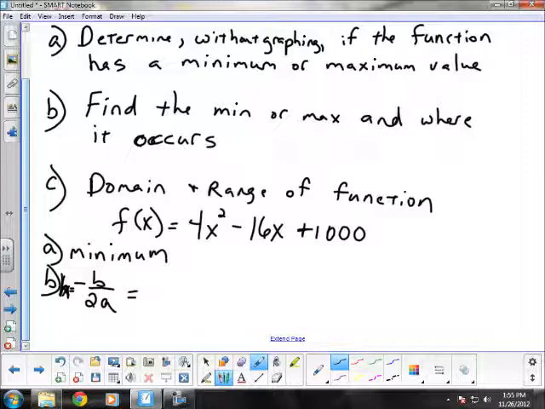So in this case, that would be the opposite of negative 16 over 2 times 4. Okay, the negative sign's already in the formula. B was negative 16. Everybody see that? And 2 negative signs sitting right beside each other make it positive. So I've got 16 over 8, which is 2.